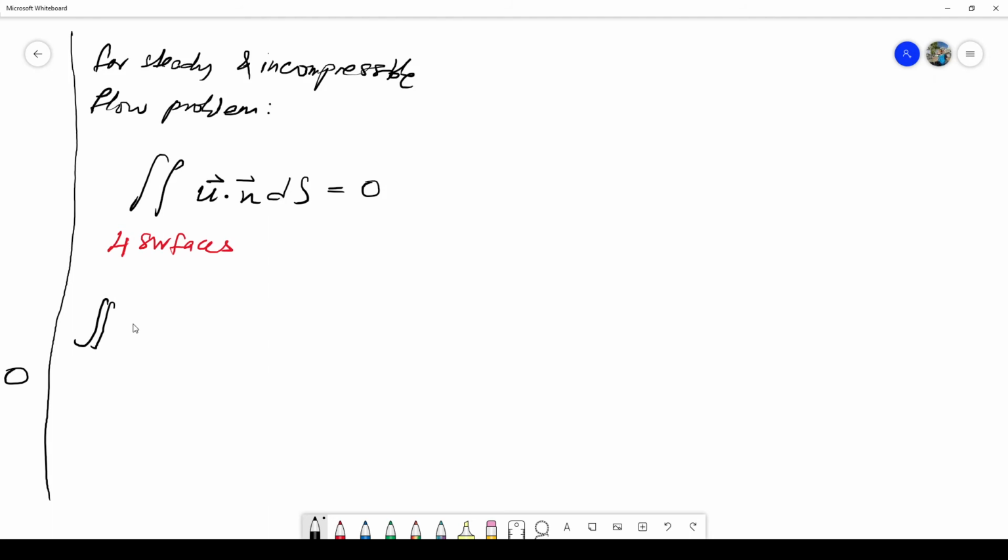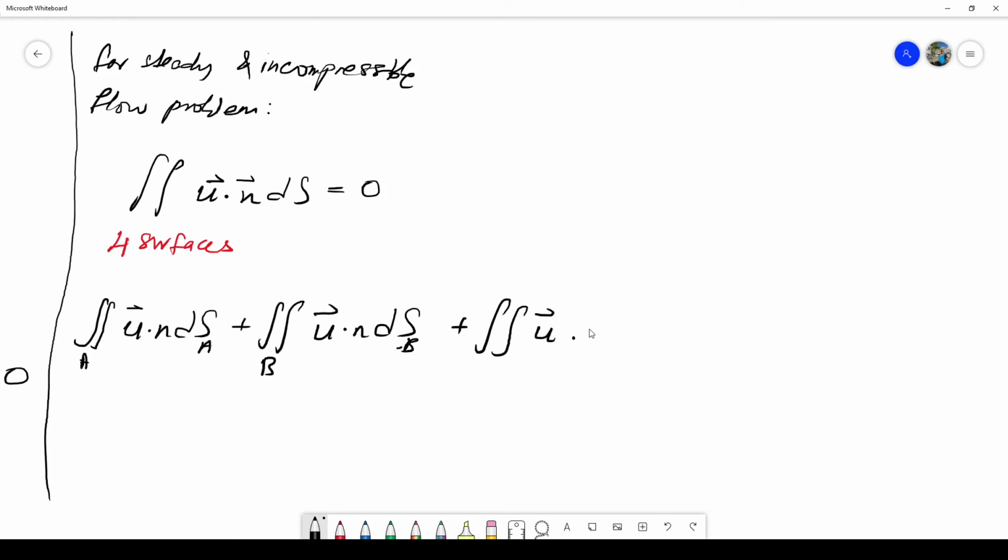So we have first u dot n ds for the surface at the inlet, surface A, plus u dot n ds for surface B, plus we integrate the velocity across the control surface at point C, and then the last one, where we integrate the velocity across all the wall surfaces. All of this will be equal to 0.